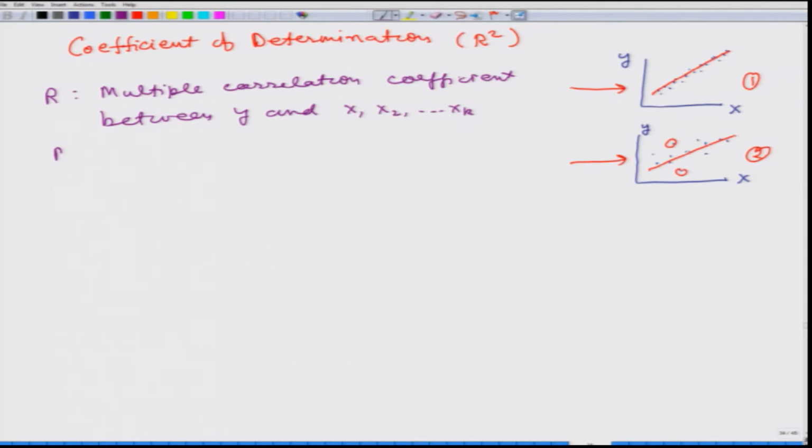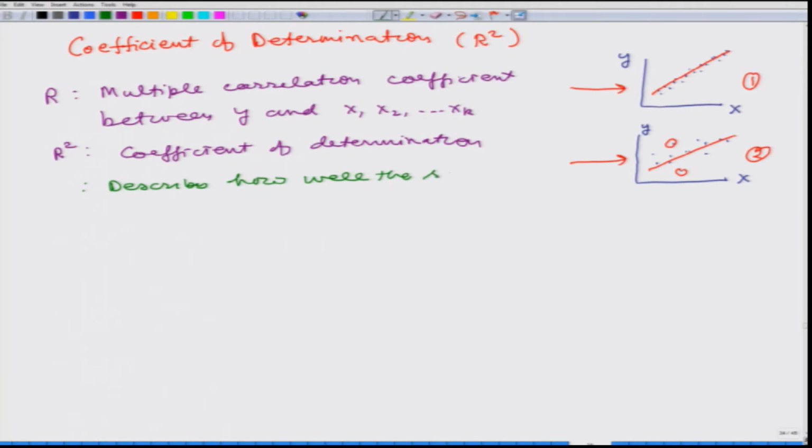Then the square of this multiple correlation, denoted as R square, is called the coefficient of determination. The utility of R square is that it describes how well the sample line fits the observed data.